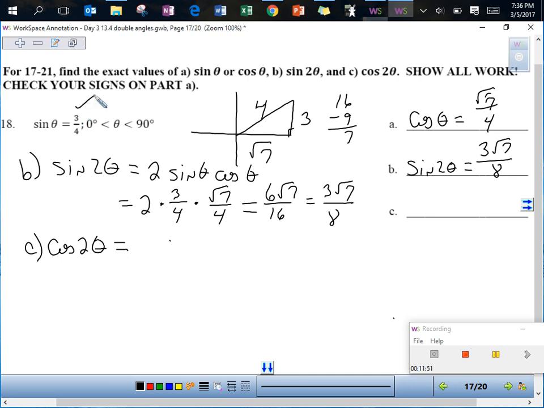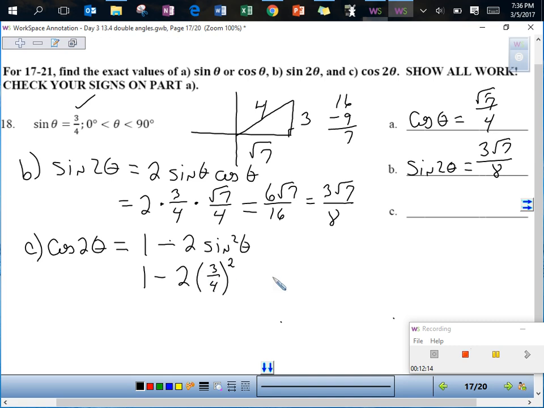Since we were given sine of 3/4, and 3/4 looks easier than radical 7/4 to work with, I'm going to use the formula that says 1 minus 2 sine squared theta. I'm going to have 1 minus 2. Sine happens to be 3/4, so 3/4 squared.